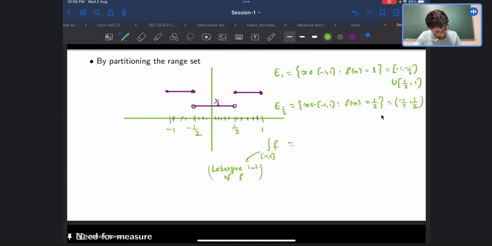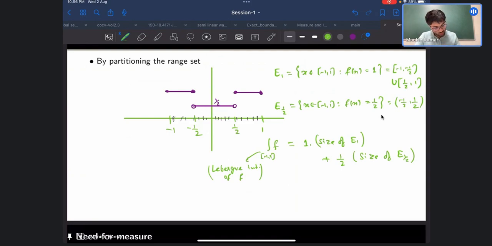So here what we do, we'll take the value of the function. So the function is taking value 1. Okay, and then we'll multiply with the size of E1. The second value what the function takes is half, and then we'll multiply it with the size of E half.